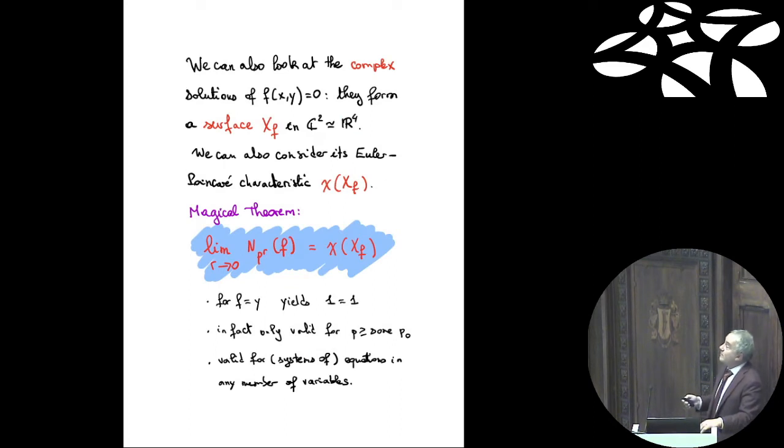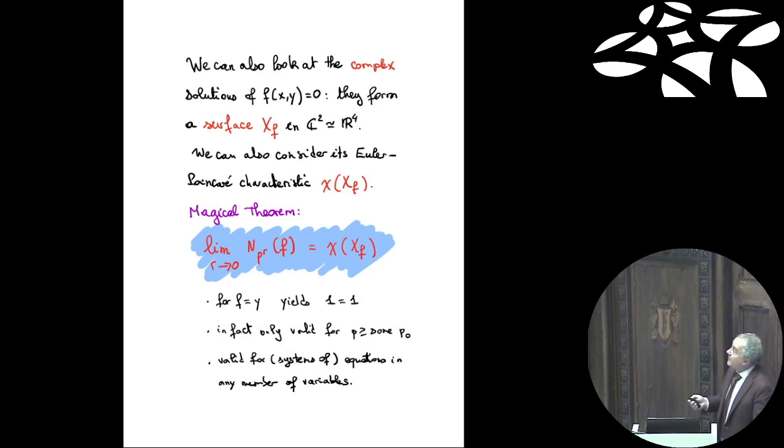But here is where the interesting features can be explained. We have this equation which has integral coefficients. So of course you can view it as defining a set of complex points. We can look at the complex solutions of this, in the two-dimensional vector space C^2, which we can identify with R^4.